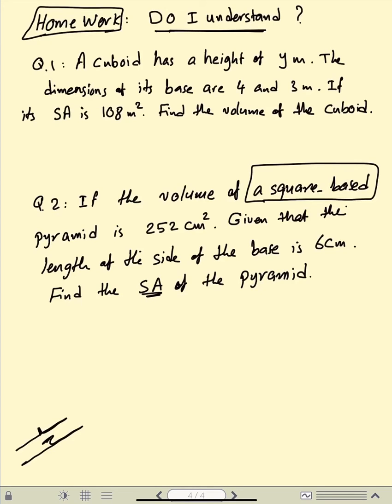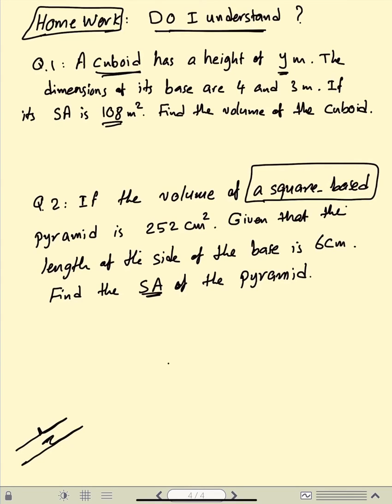First question: a cuboid has a height of y meters. The dimensions of its base are 4 and 3 meters. Its base is a rectangle, of course, cuboid, be careful. If its surface area is 108 meters squared, find the volume of the cuboid.